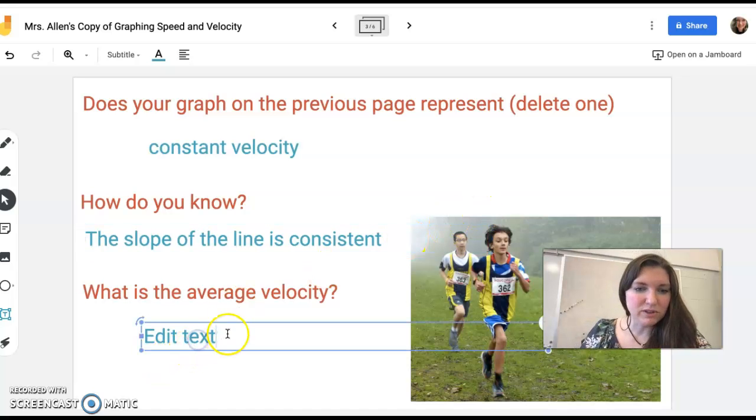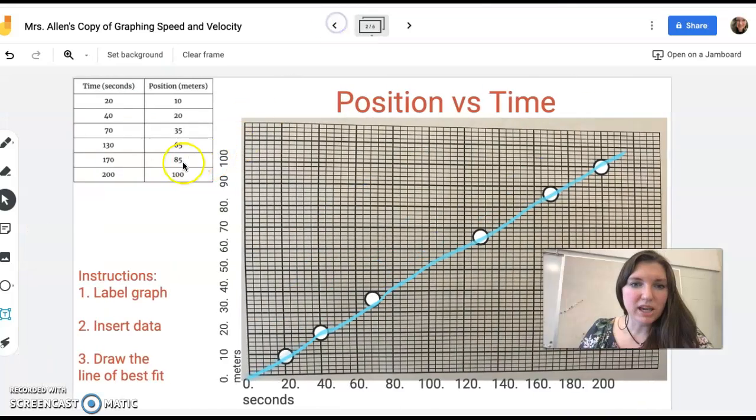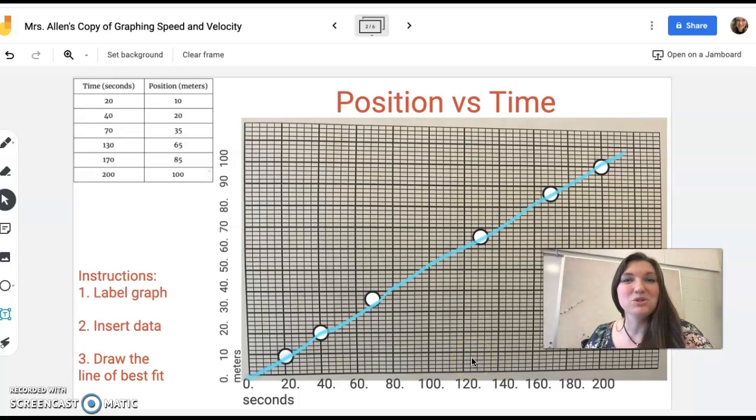So what is the average velocity here? So when I'm looking at average velocity, whenever velocity or speed is always going to be your slope, right? It's your meters per second or your kilometers per hour, always your y-axis over your x-axis. So here, this is my y-axis, and this is my x.